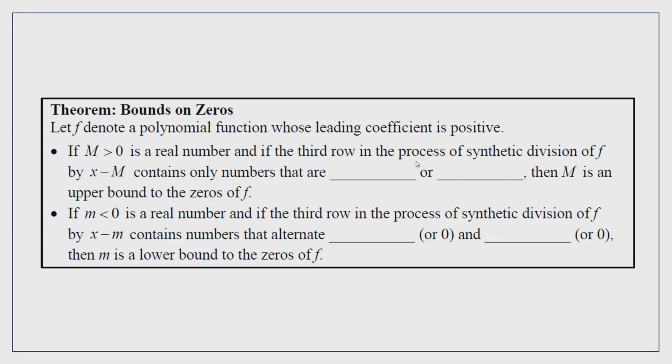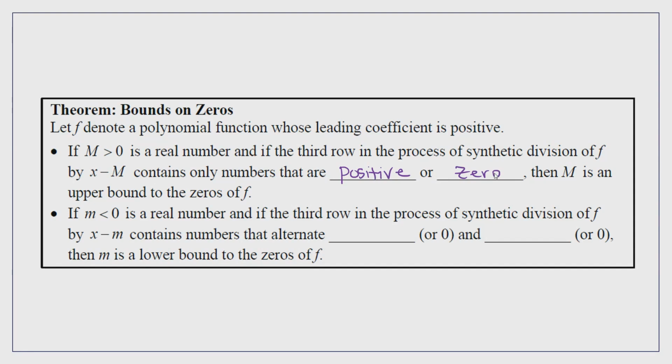So we're going to let f denote a polynomial function whose leading coefficient is positive. If capital M is greater than 0, is a real number, and if the third row in the process of synthetic division of f by x minus M contains only numbers that are positive or 0, then M is an upper bound to the zeros of f.